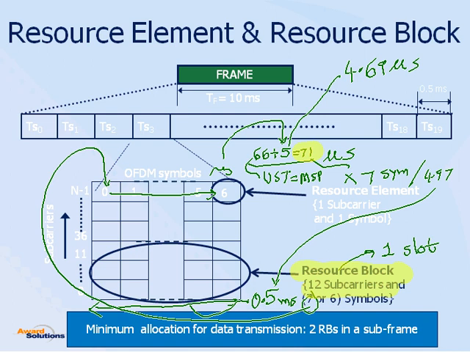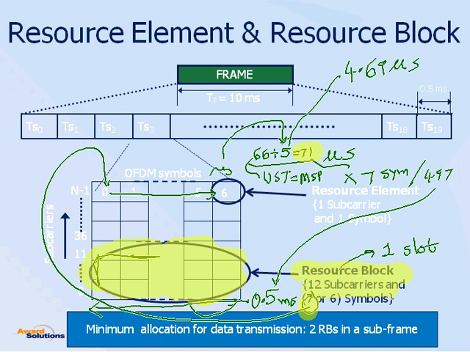But basically, a half millisecond slot would contain 7 symbols if we are using a short cyclic prefix. So in summary, our one resource block contains a dozen subcarriers and one slot, and inside the slot, we may have 7 OFDM symbols.